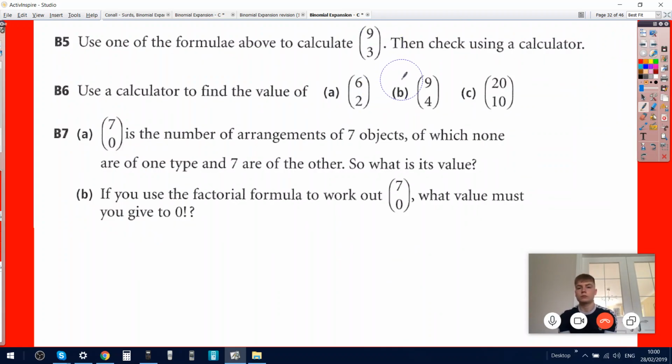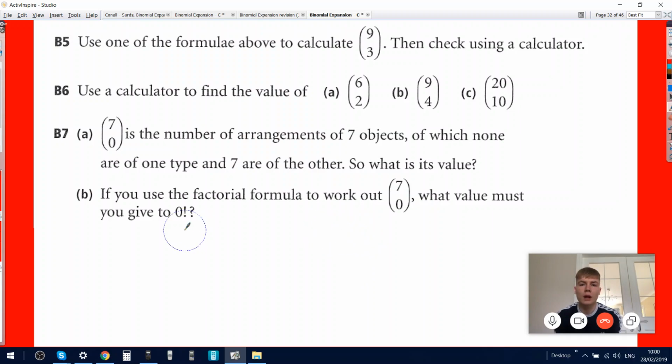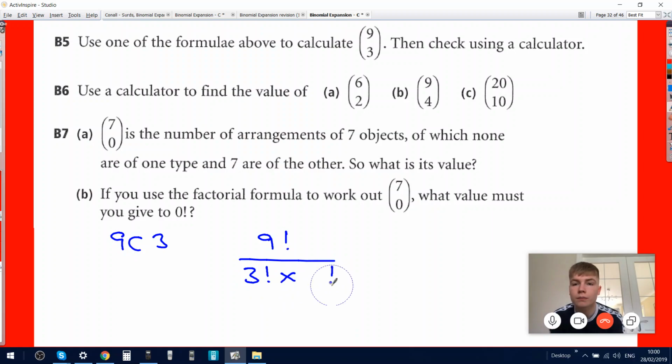So what would you put in your calculator to do the first one? 9 choose 3. And what would that be written the long way? 9 factorial over 4 factorial times 3 factorial. No, there were 9 letters in total, so you've got to make it 9 factorial over 6 factorial.